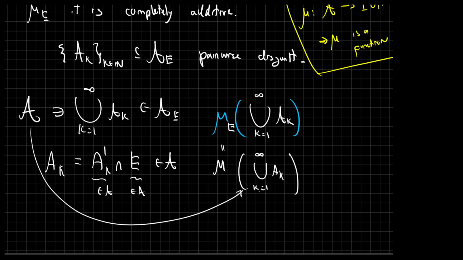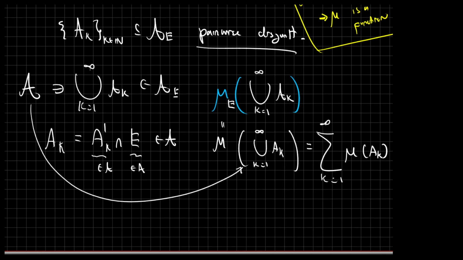So this is well defined, and since this is a pairwise disjoint family, this will be equal to this, right? Because this function is completely additive because it is a measure. So now this is equal to this here.